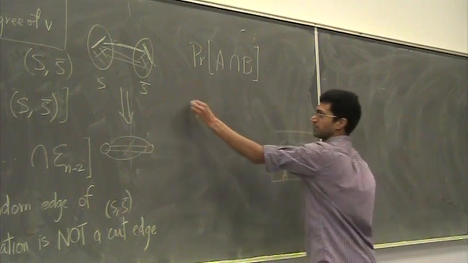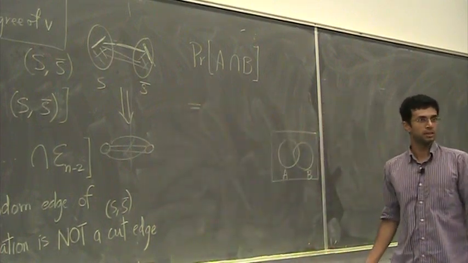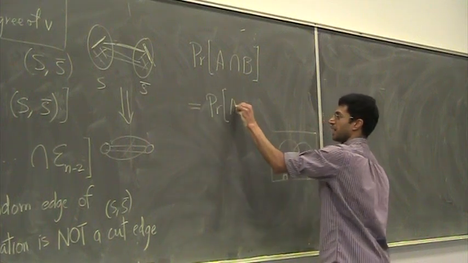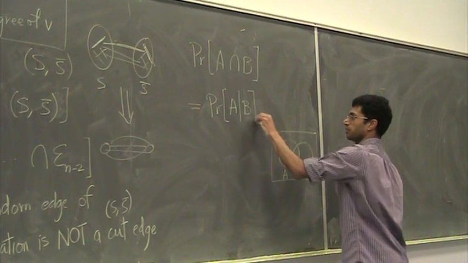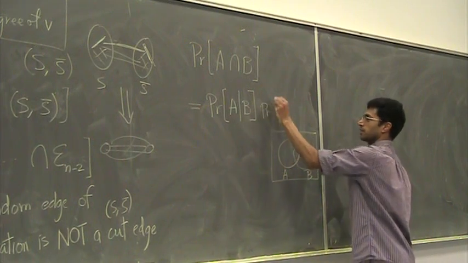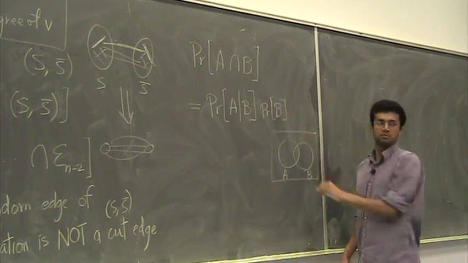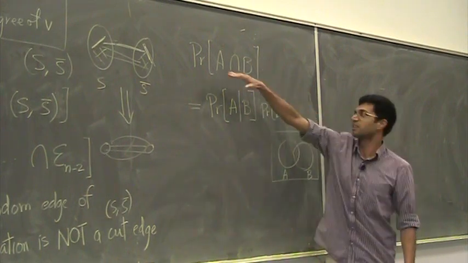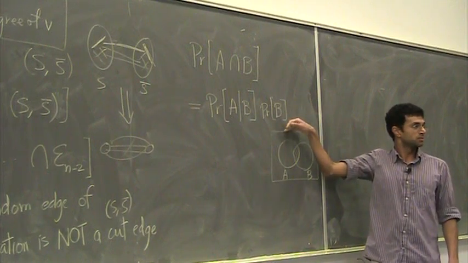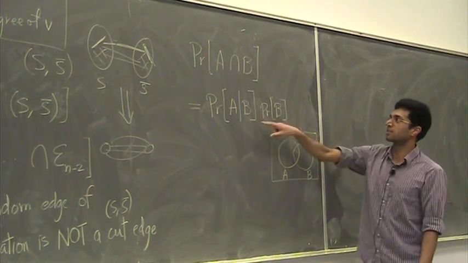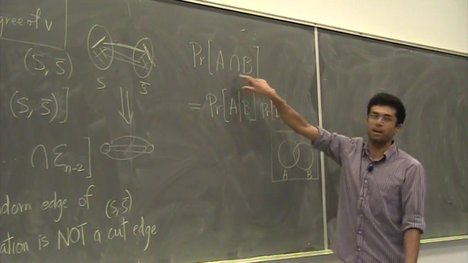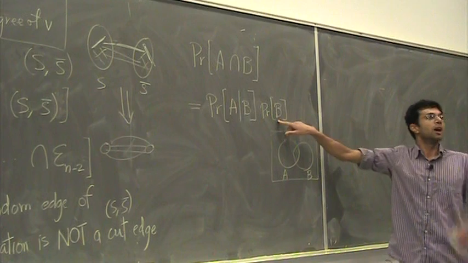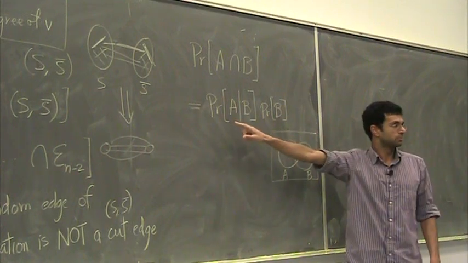So we can also write this. This is the law of conditional probabilities. This is the probability of A happening conditioned on B times the probability of B. Actually, the definition of conditional probability is exactly this divided by this, right? So this is saying that for A and B to happen, first B must happen, then assuming B happens, A must happen.